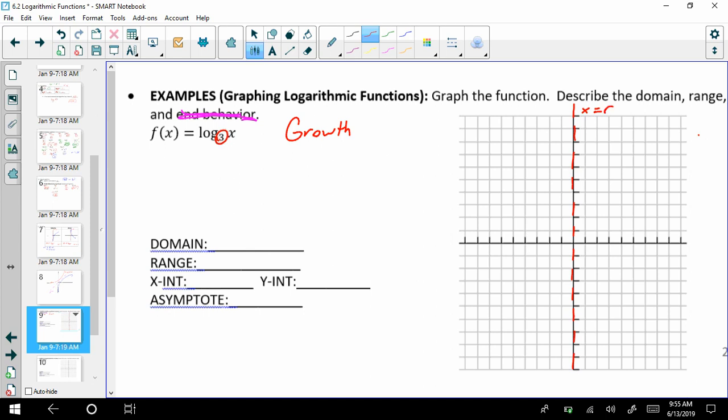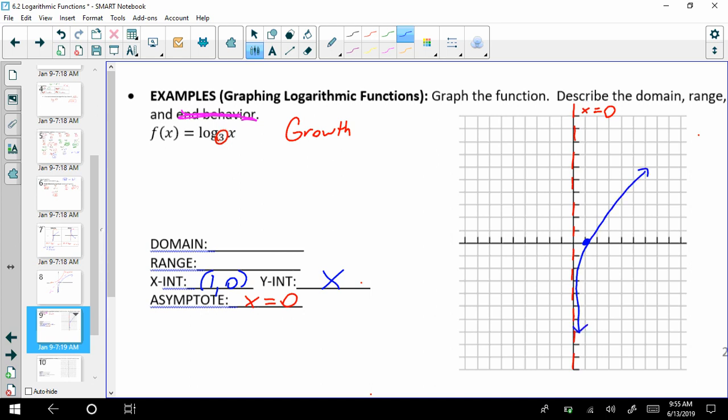So it's through x equals 0, so I'm going to write that down. I know that I will have an x-intercept of 1, but I'm not going to have a y-intercept this time. I'm not going to touch that vertical asymptote. We can draw in the growth graph. It's going to grow as time goes on.